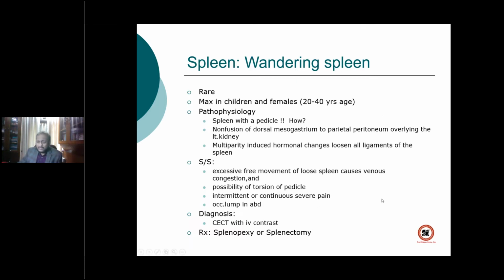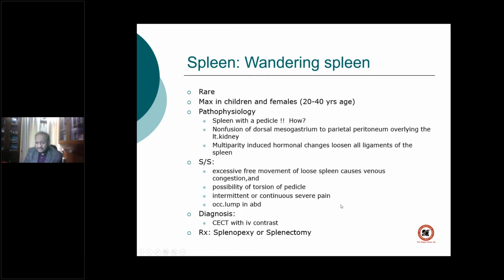Signs and symptoms are very typical, and that is because the spleen is moving. It is causing traction over the vessels, leading to what? Venous congestion. And that is what leads to intermittent or continuous severe pain. If the pedicle undergoes torsion, it becomes continuous severe pain. And you can find a lump anywhere in the body.